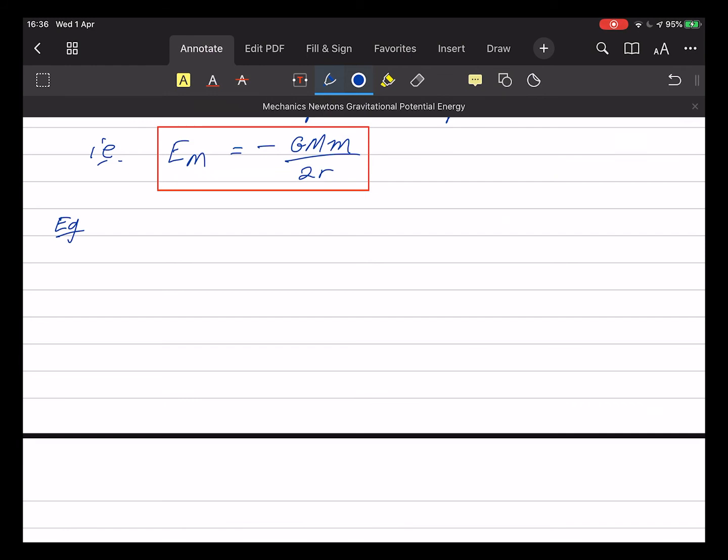So if we just examine a geostationary satellite of 654 kilograms, not small. Not small.